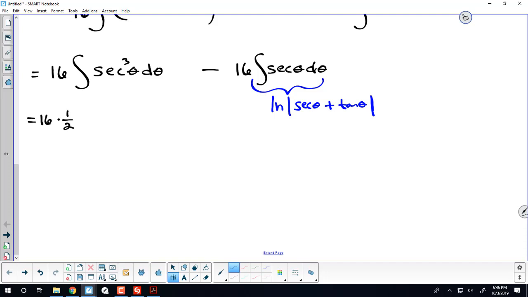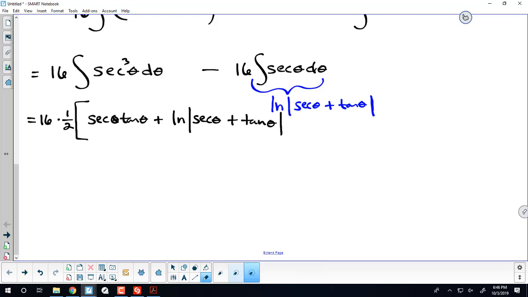So it was 1/2 secant theta tangent theta, plus this. That one.